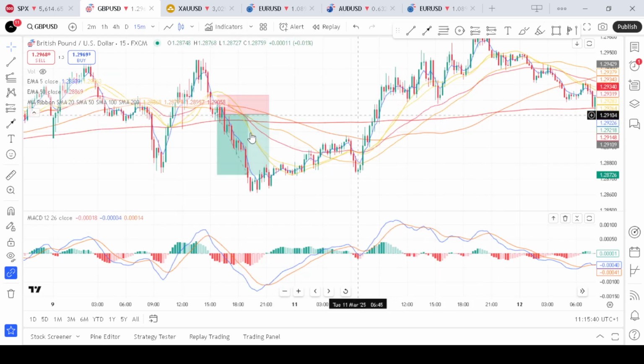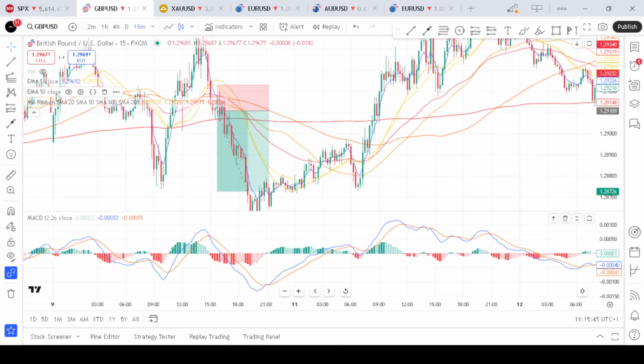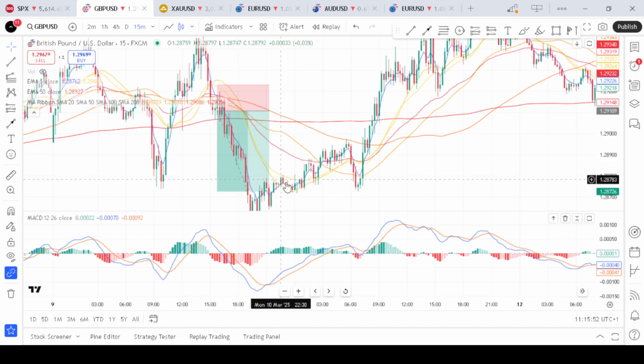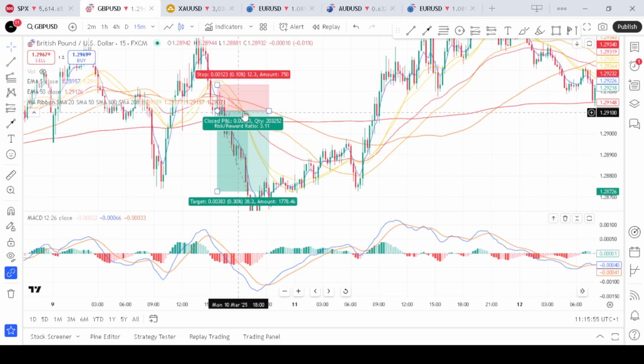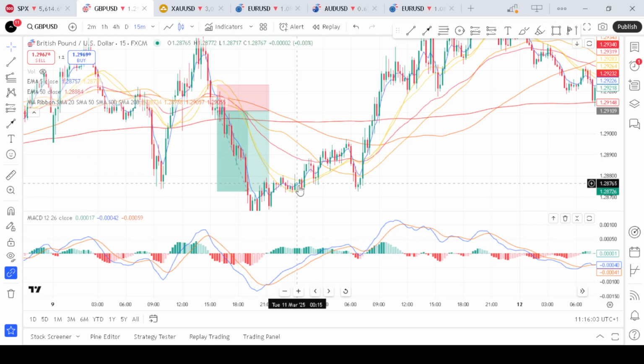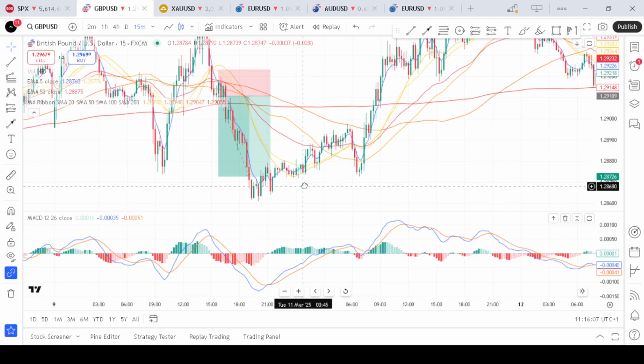This makes our chart a bit complicated, but if we understand these levels, the moving average ribbon helps us know when the trend will be in a higher direction and when it will be in a lower direction. This comprehensive view of market structure can provide deeper insight into trend strength and potential reversals.